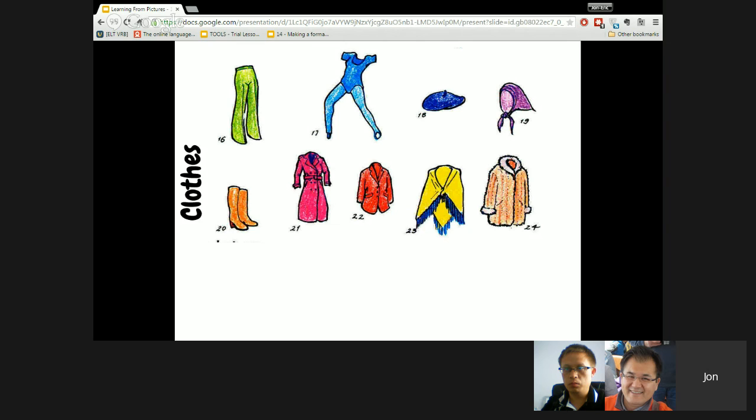It's a beret. Beret. And Cecile's asking, could we use fur to describe the skin of animals? No, not the skin, but the hair. Hair of animals.